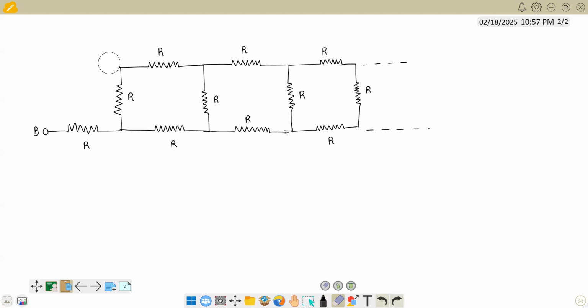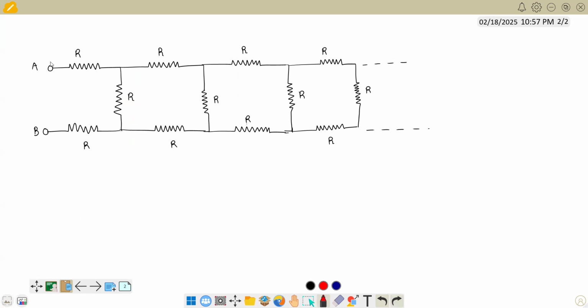So suppose I remove this and consider these 2 points as C and D, and the R effective across this entire remaining circuit, I call it R effective across C and D. Now, the same effective resistance would come across A and B also.